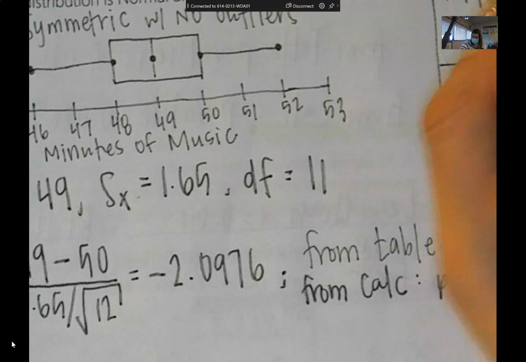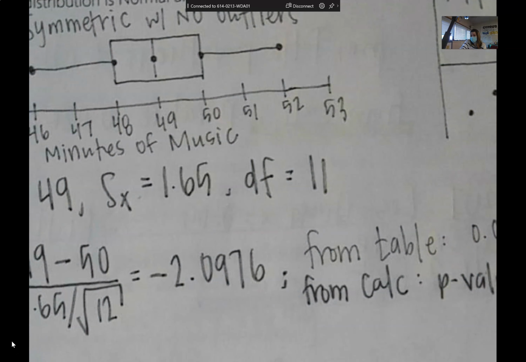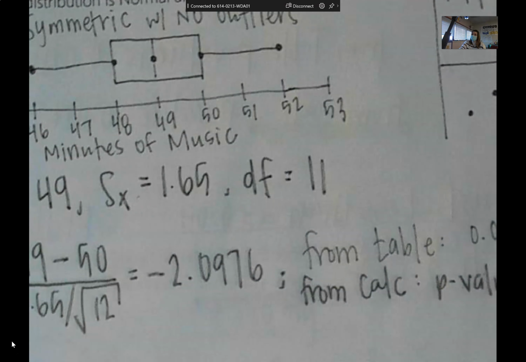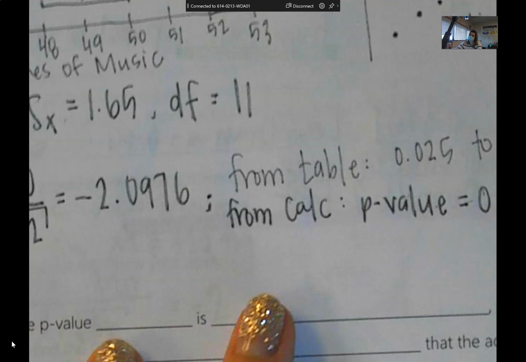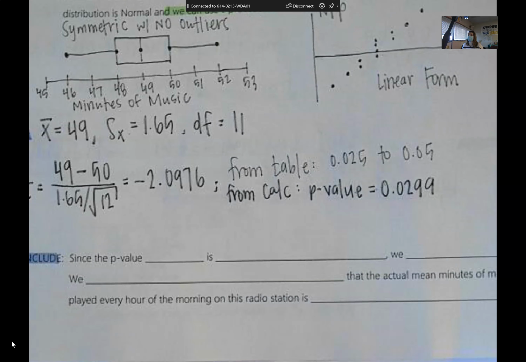So 0.025 to 0.05. And it is, our p-value that we got is between those numbers.